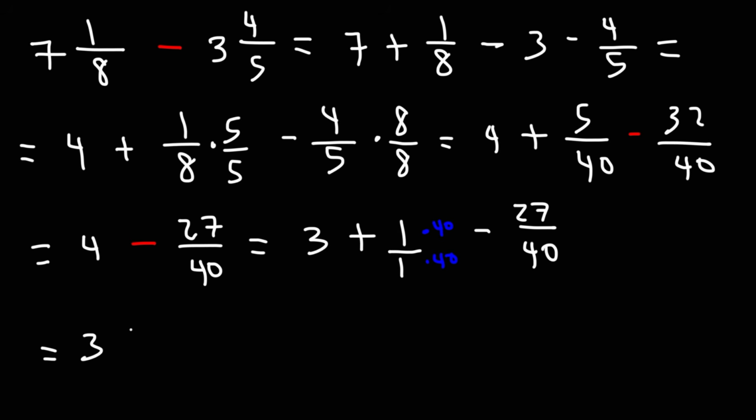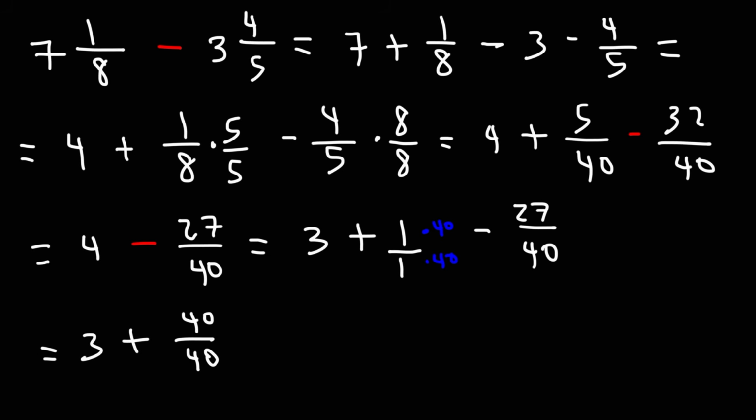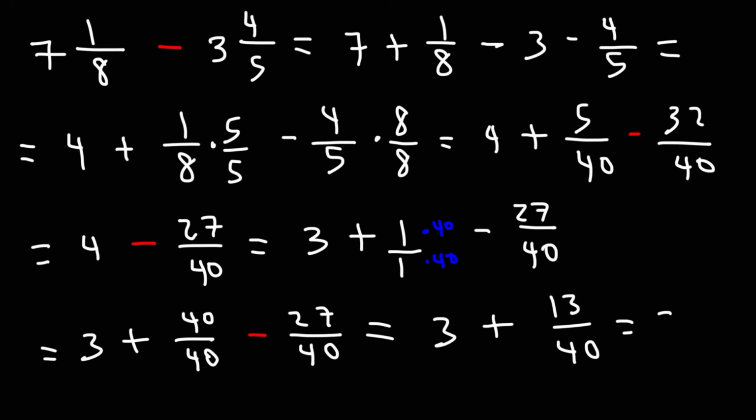So what we have now is 3 plus 40 over 40. This right here is equal to 4, by the way. And then minus 27 over 40. So 40 minus 27 is 13. We're going to get 3 plus 13 over 40, which means our final answer is 3 and 13 over 40.